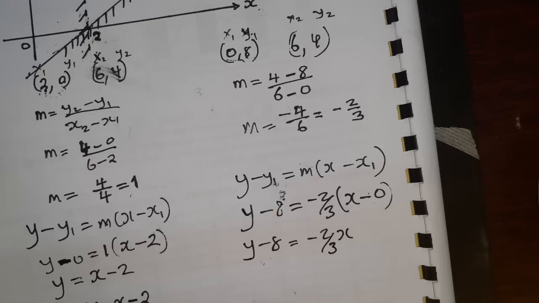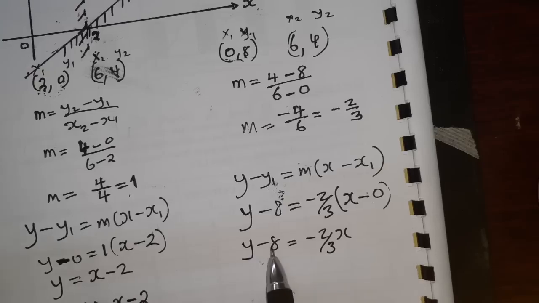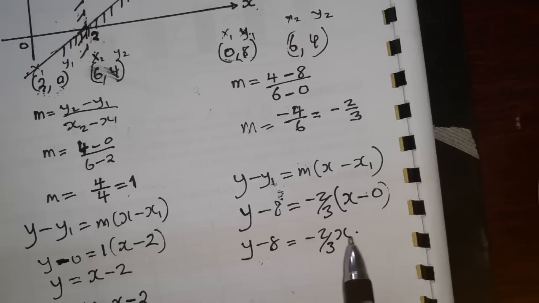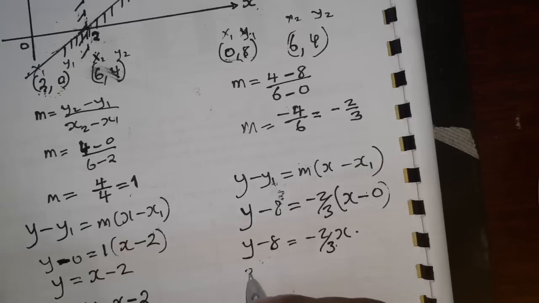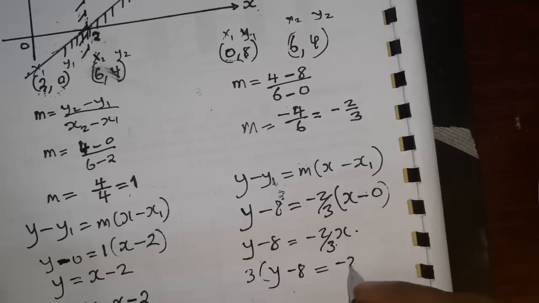You have to take note of that. So at this point, if you want, you can say this one, you can bring it to the other side. Then you write the final equation. But also if you want, you can cross multiply here. You say 3y minus 8 is equal to negative 2x.